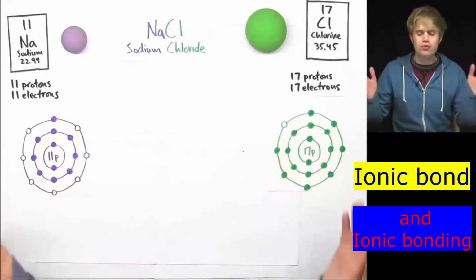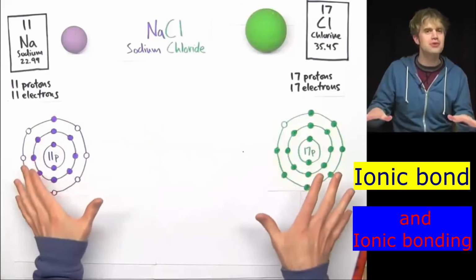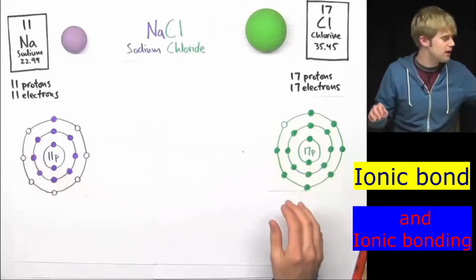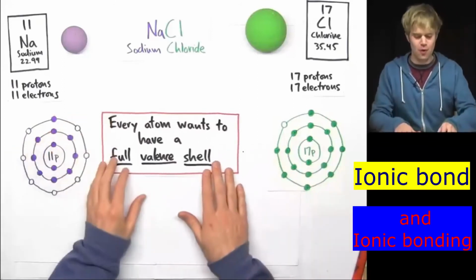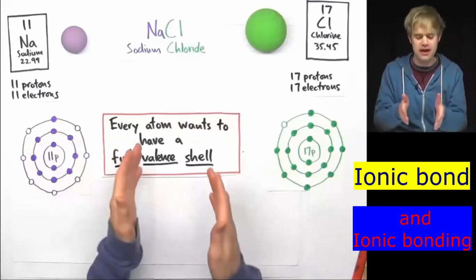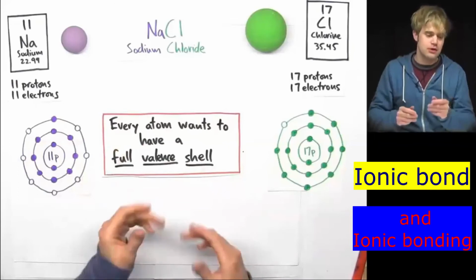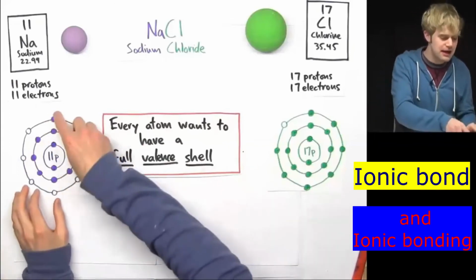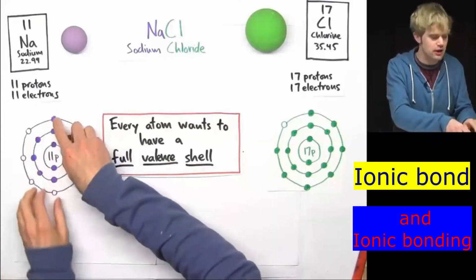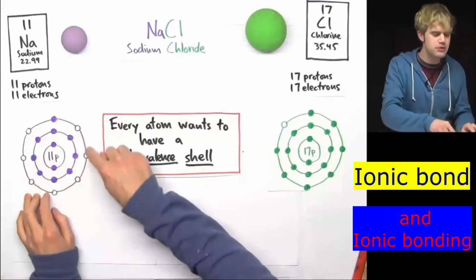Okay, the reason why these two atoms are so upset is because every atom wants to have a full valence shell. It's like every atom's goal in life. Sodium is really unhappy because it only has one electron in its valence shell, and it has these 7 empty spots.